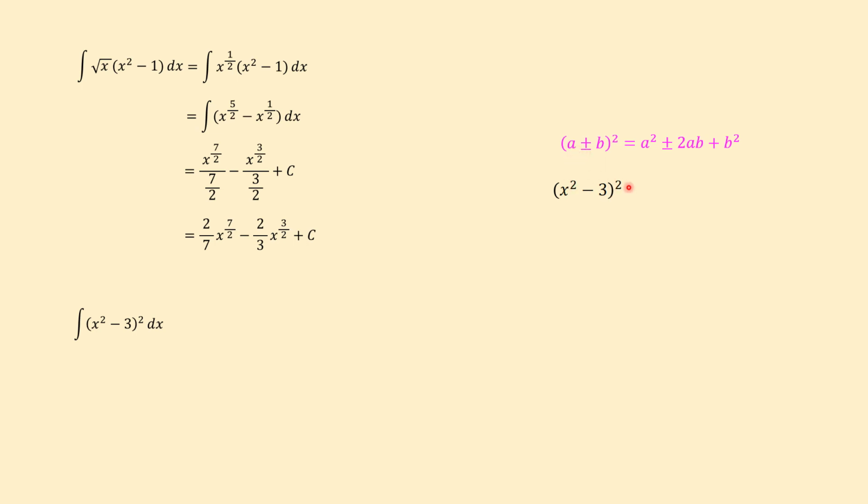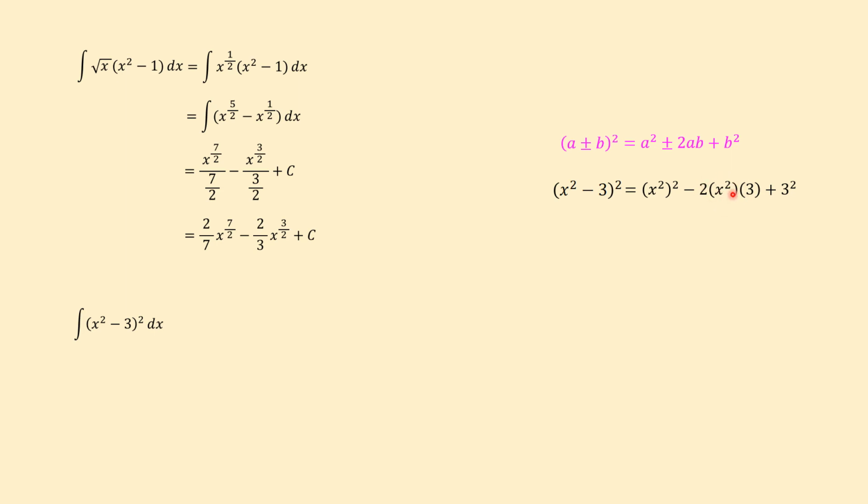Note that if I want to compare this with this identity, a is x to the 2, b is 3, and between a and b we have minus. So (x to the 2 minus 3) to the 2, based on this identity, equals a to the 2, or first term, (x to the 2) to the 2, minus 2ab, minus 2 times x to the 2 times 3, which is this term, minus 2ab.